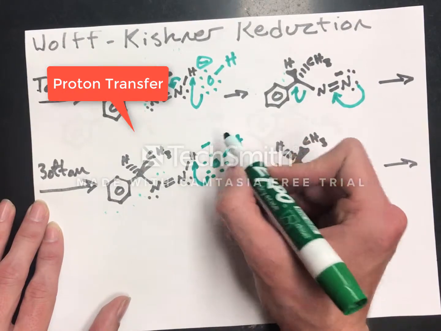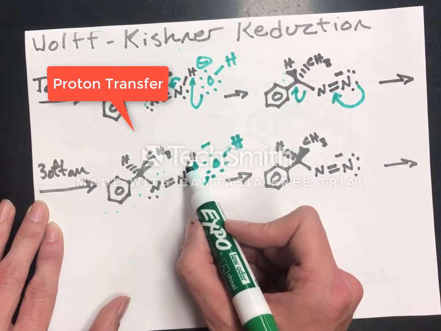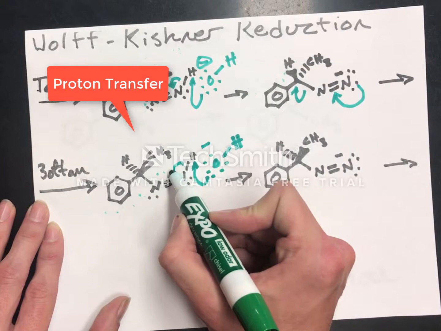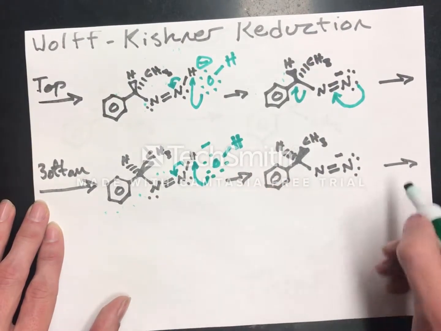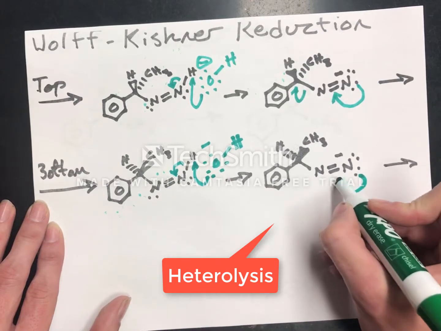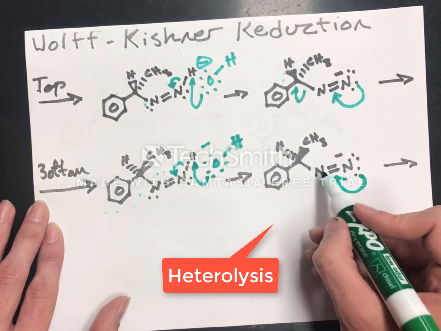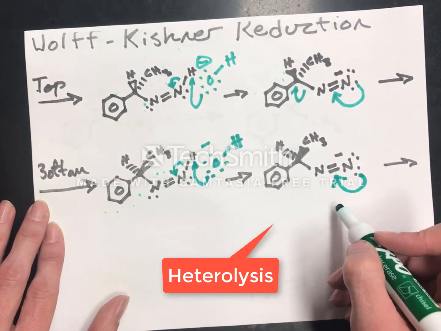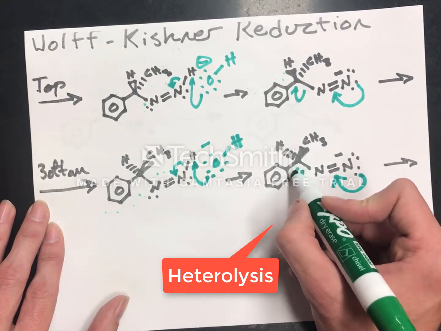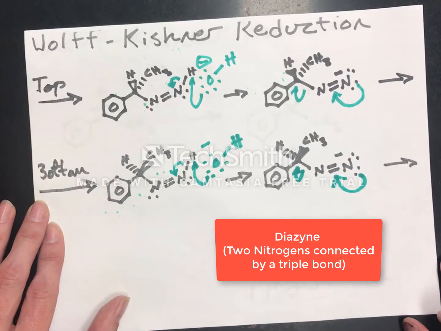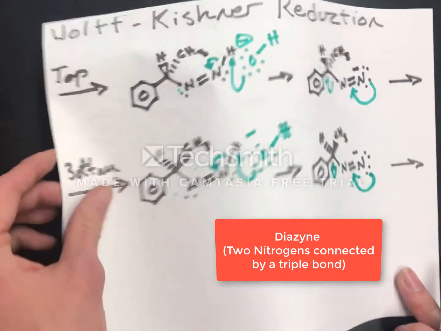It attacks the hydrogen here, moving the electrons onto the nitrogen, and then the electrons form a triple bond between both nitrogens, followed by the leaving of this diazine species.